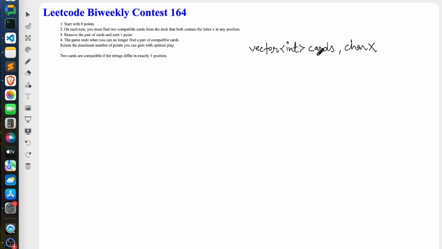So in the second problem, we are given cards and X. What we will do is go through each of the cards and try to find a pattern. Let's say you encountered a card that has two characters, this is my first character and this is my second character.